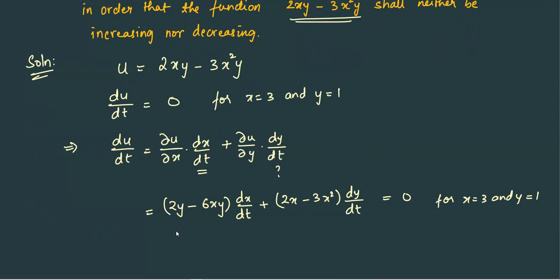So this implies 2 into 1 minus 6 into 3 into 1 times dx by dt, which is 2 centimeter per second, plus 2 into 3 minus 3 into 3 square dy by dt.